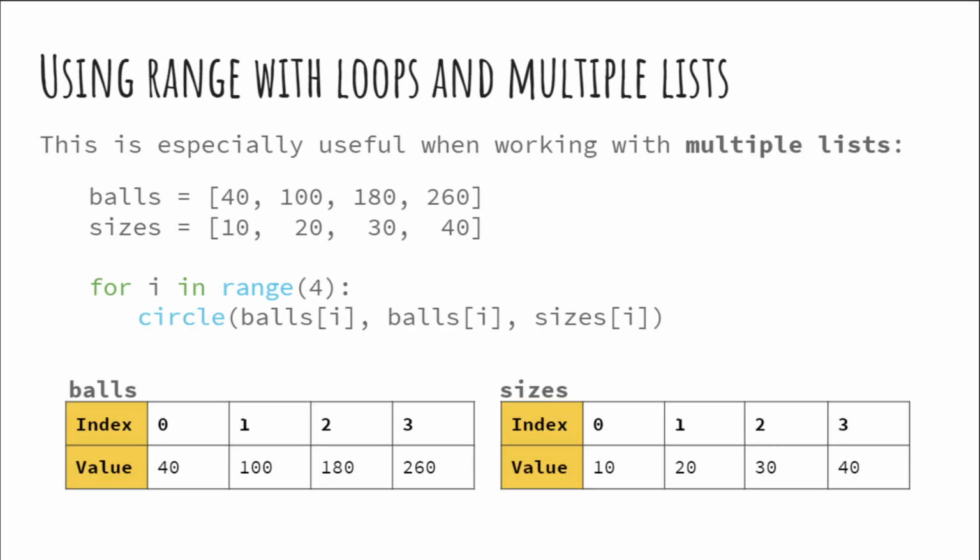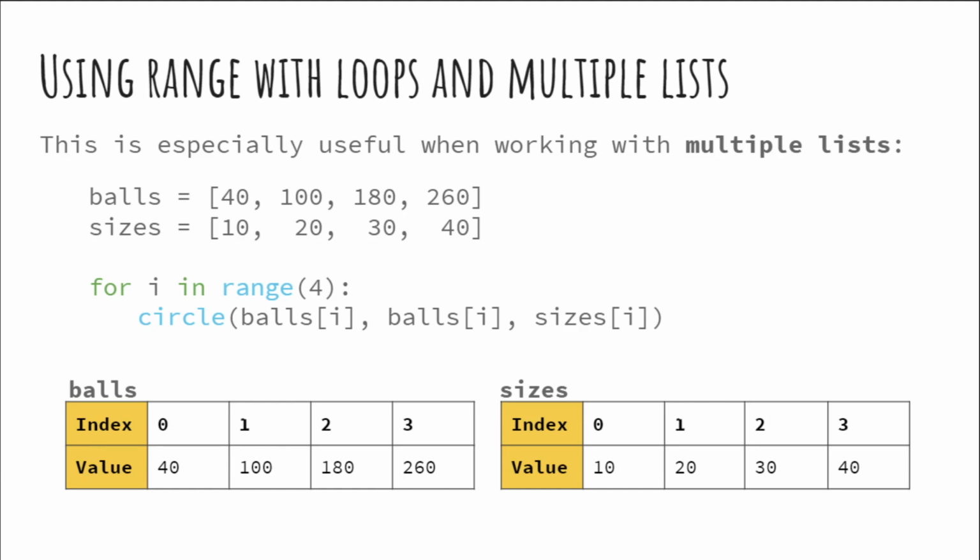So we can use this method of iterating over lists to work with multiple lists. So if we have, for example, balls and sizes, which describe the position and size of multiple different balls, then we can use this for I in range whatever to get both the ball position and its size using the same variable, the same iterator.